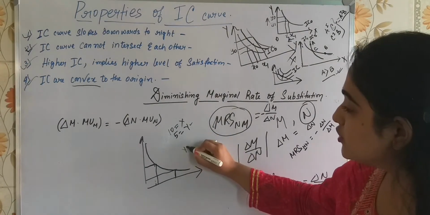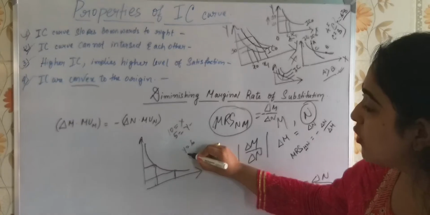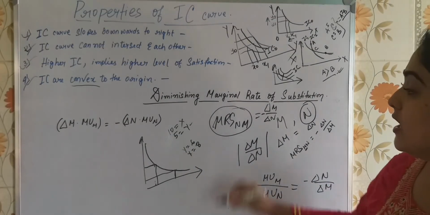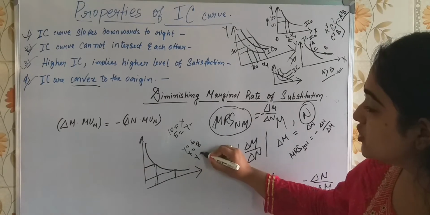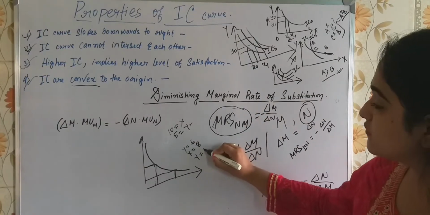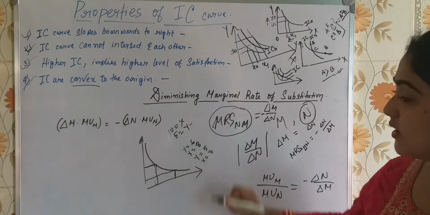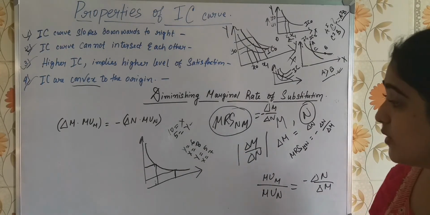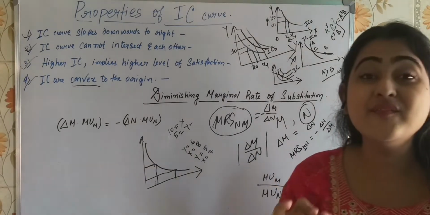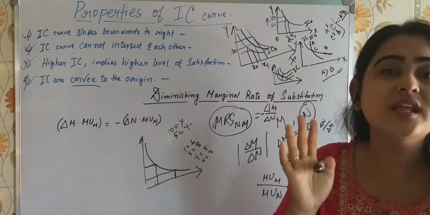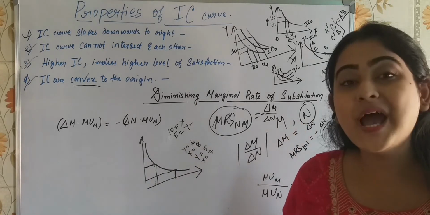So now to consume 6 units of y, you are consuming only 8 units of x. Now if I am willing to consume more units of y, suppose 5 units of y, I am consuming 7 units of x. That means I am reducing the level by which I was decreasing the consumption of x. Why is it happening so?